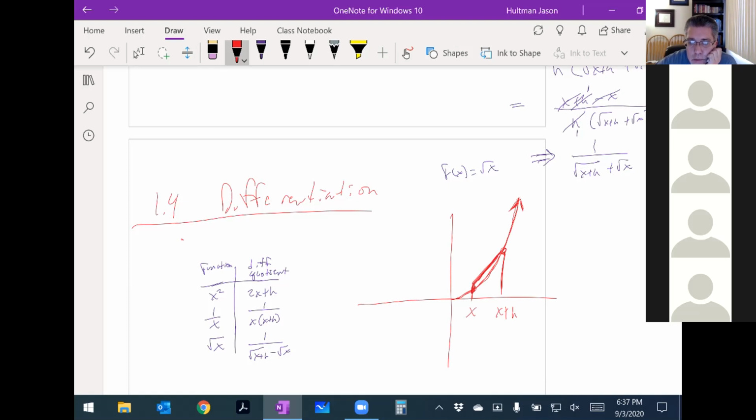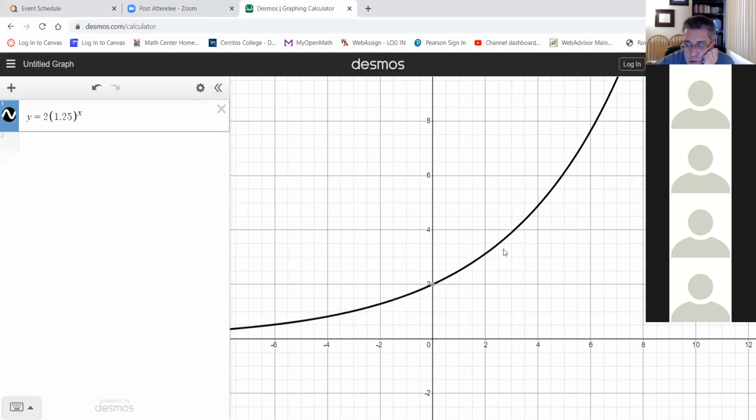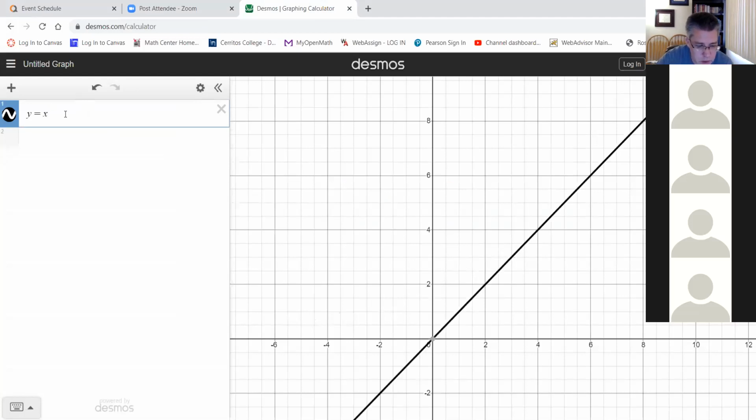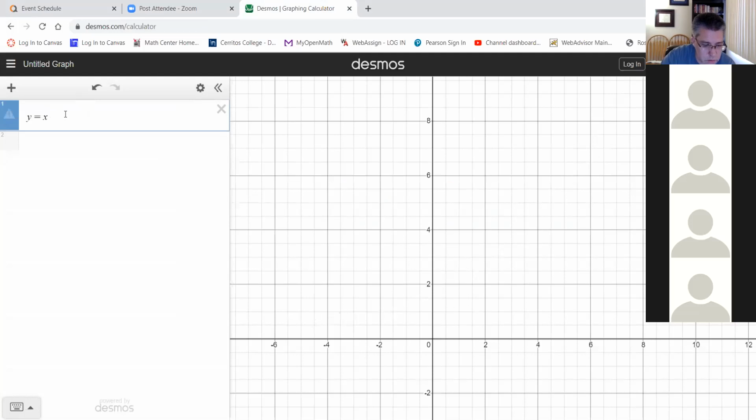I'm going to go to Desmos now, and I'm going to set this up in Desmos, just so that it's a little cleaner in what I want to show you. Hopefully you can see my Desmos here. So let's do the x squared curve here.